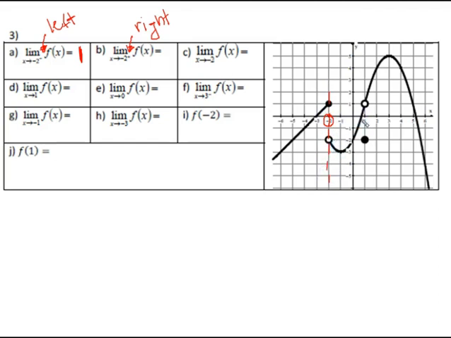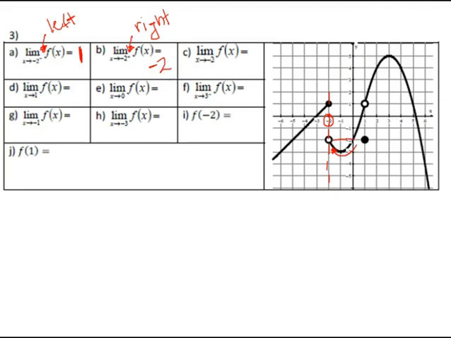And we're going to focus on the right-hand side of this value. So we're going to approach it like this, and what does it seem to reach? Well, this specific spot right here looks like it's reaching a value of -2. Remember, it doesn't matter if we actually touch -2, we're only approaching it. So it looks like it's getting closer to a y value of -2.